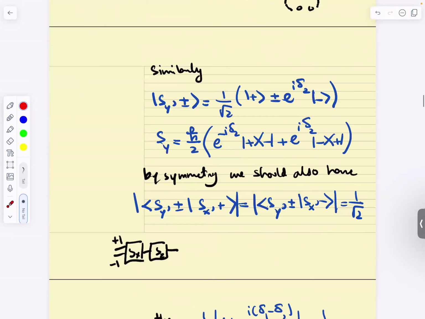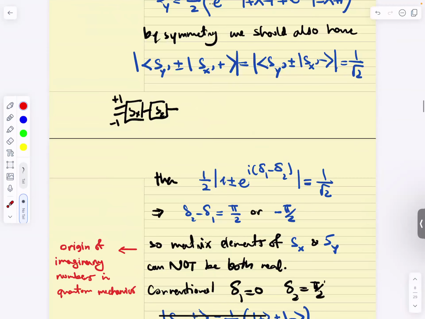So let's try to satisfy this relation. You take this inner product based on the equations that I showed you above. You obtain that 1 over square root 2 has to be half times 1 plus or minus e to the power of i (delta 1 minus delta 2), which tells you that delta 2 minus delta 1 is pi over 2 or minus pi over 2. There's no other way of solving this equation.